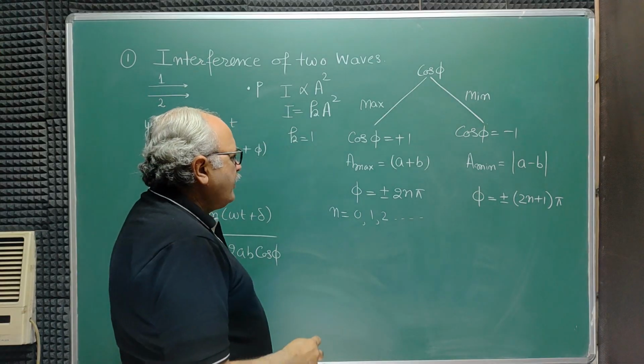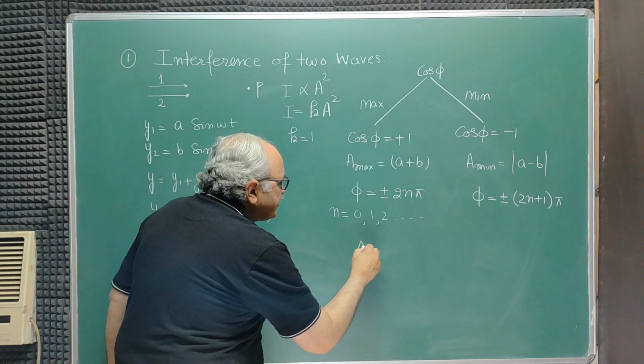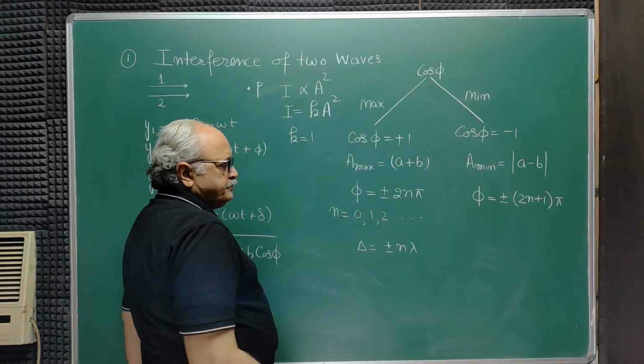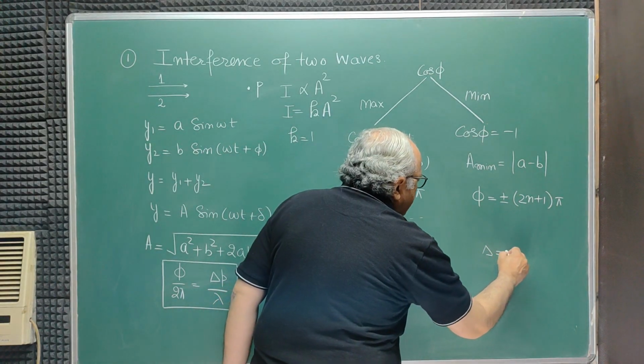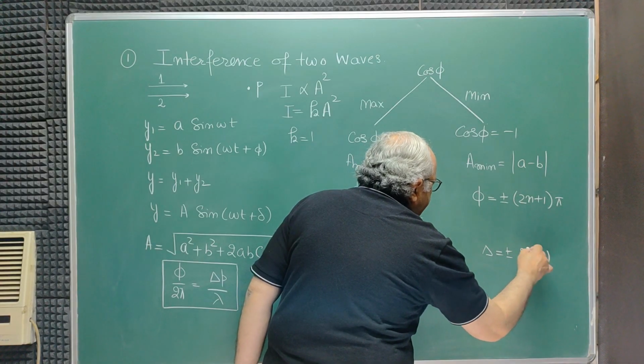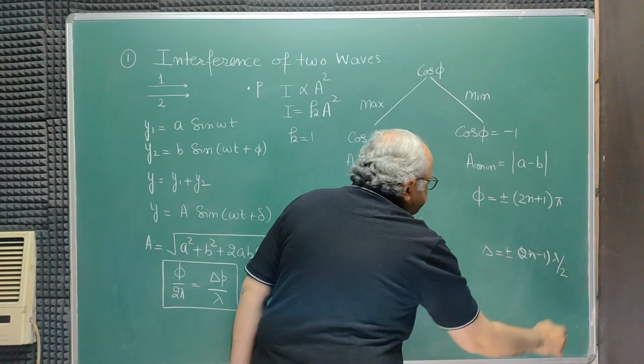Or in terms of the path difference, you can say this is plus minus n lambda, and this is going to be plus minus (2n minus 1) lambda by 2.